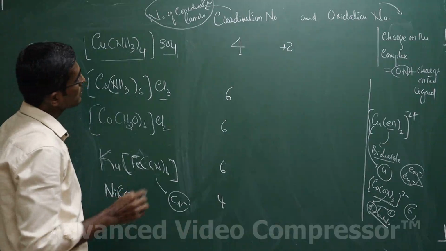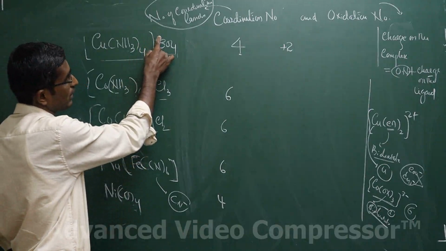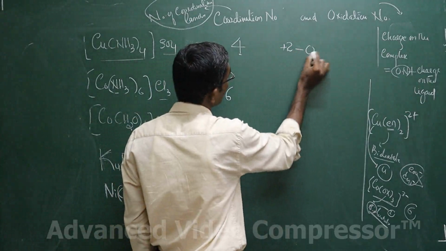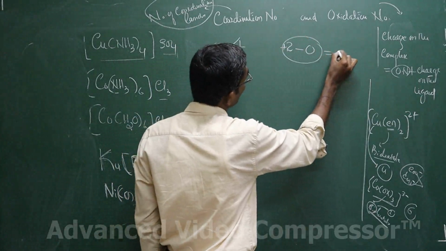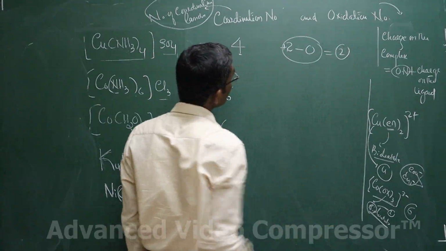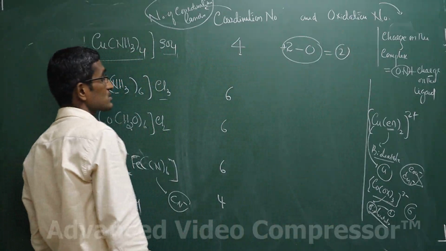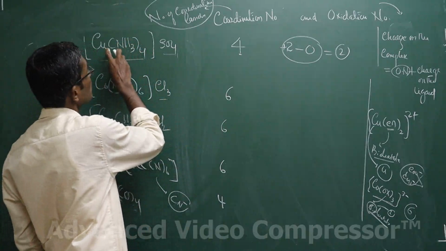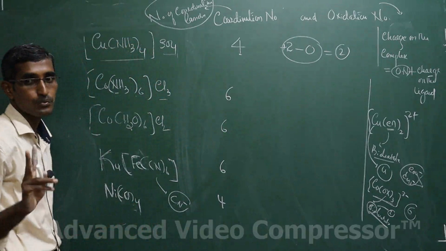So the charge on the complex is plus 2 here. The charge on the ligand is 0 because it is a neutral ligand. Hence the oxidation state of the central metal ion in this particular complex is 2. That is, copper is in the plus 2 state.